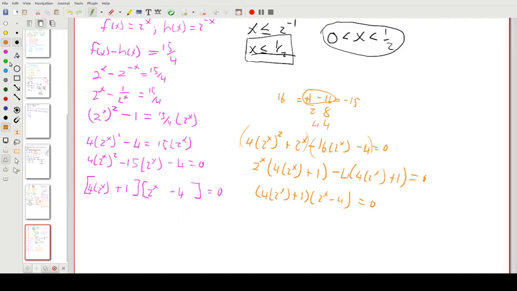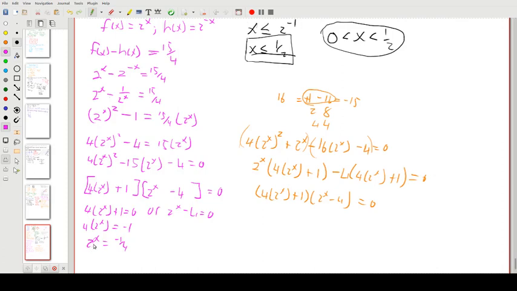Now we can continue to solve for x. This bracket is 0 or this bracket is 0. On the left, 4 times 2 to the x plus 1 equals 0, or 2 to the x minus 4 equals 0. Take over the negative 1 and divide by 4: 2 to the x equals negative 1 over 4, and that's impossible.